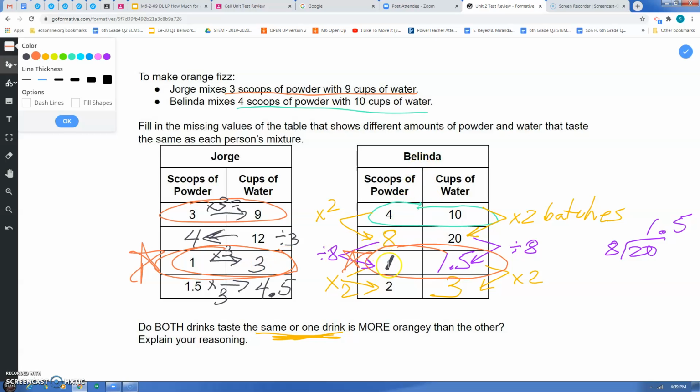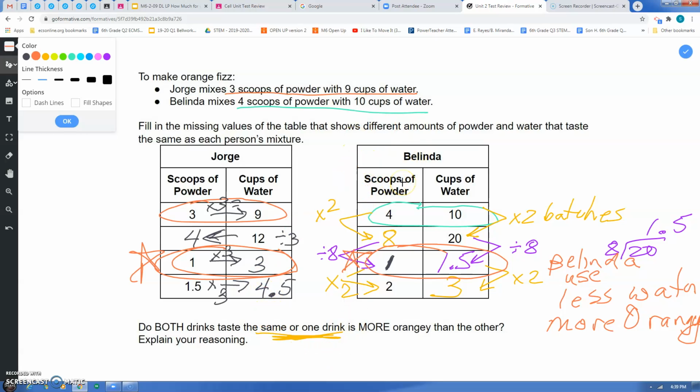Belinda, 1 powder, 1.5. So Belinda, according to this, uses less water. Alright, so since Belinda uses less water, Belinda will be more orangey, or more powder flavor.